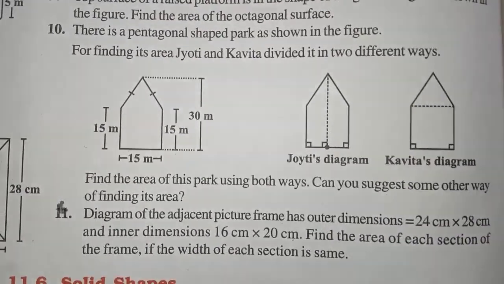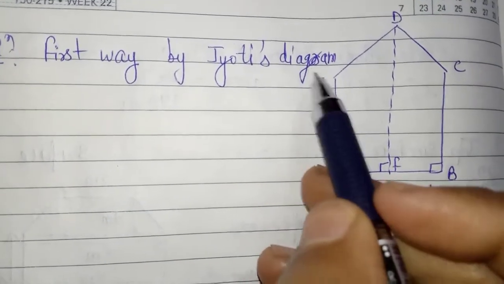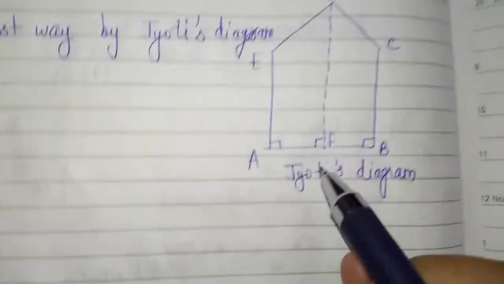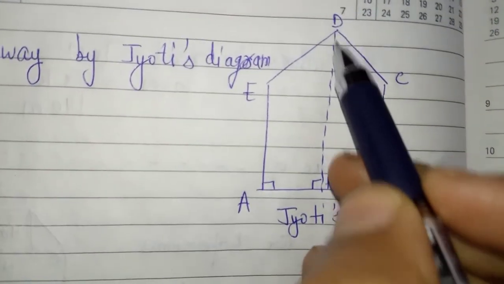So let's start. Firstly we will do it by Jyoti's diagram. As Jyoti divided this pentagon shape into two trapeziums.